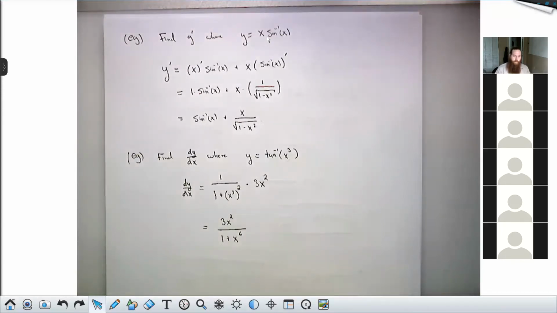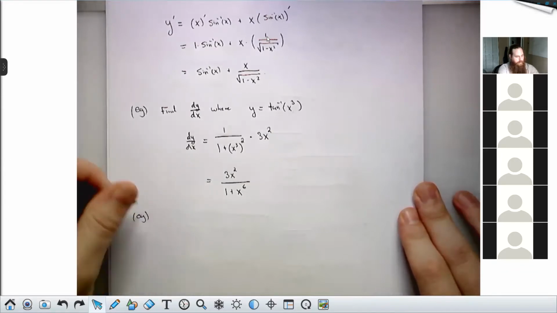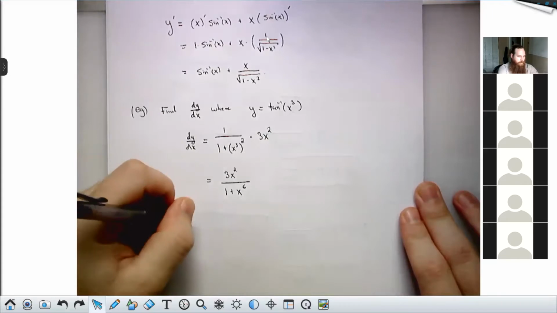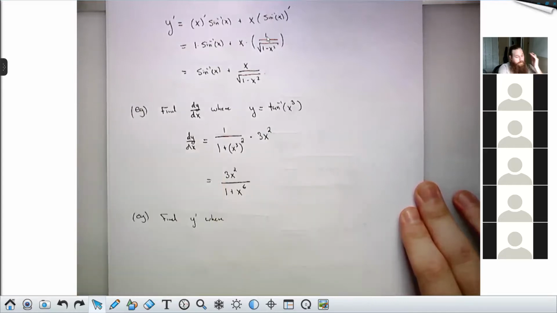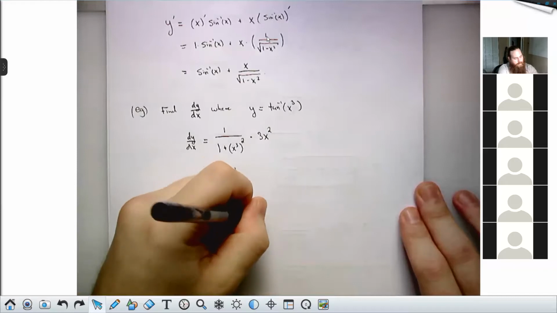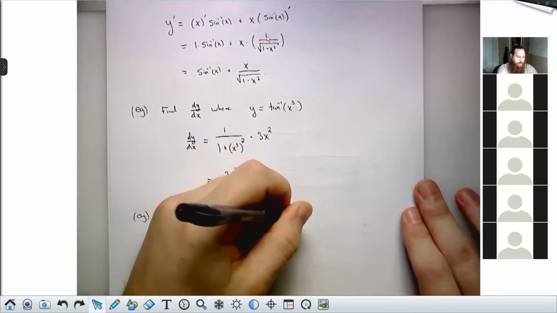Implicit differentiation also works just the same. I could find y prime where, let's say, I don't want to make this too brutal, the cosine inverse of y is equal to x plus y.